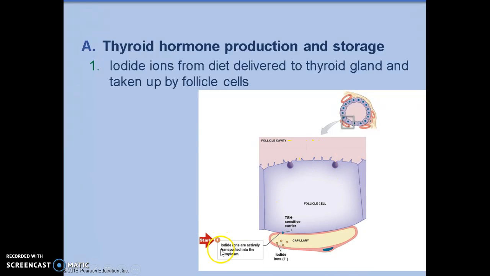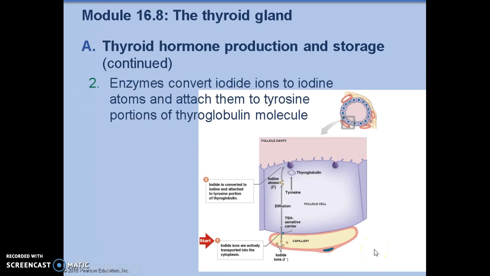So iodine ions are transported into the cytoplasm. Here they are in the capillary, and they're going to go into the follicle cell. Enzymes are going to convert the iodide ions to iodine atoms and attach them to the thyroglobulin molecule.